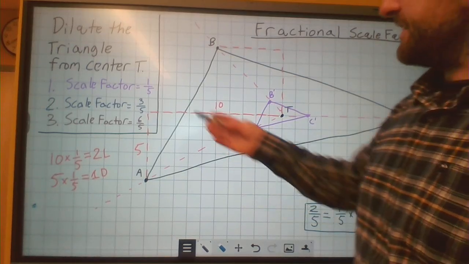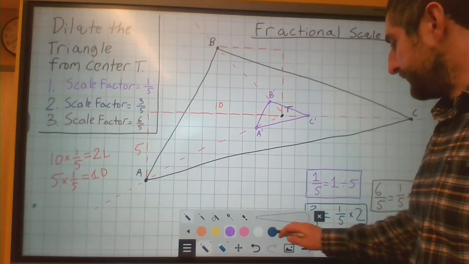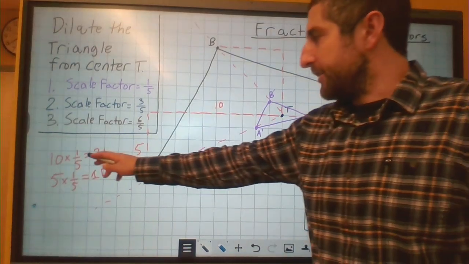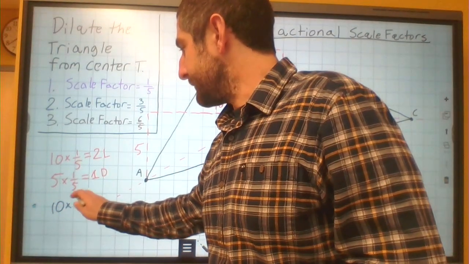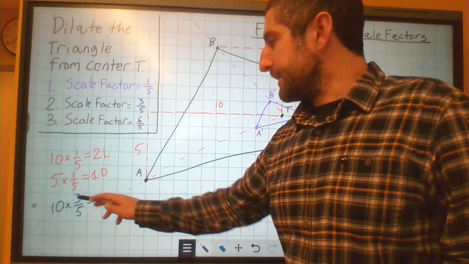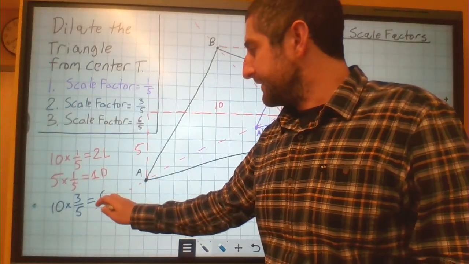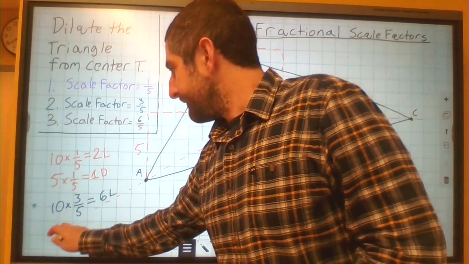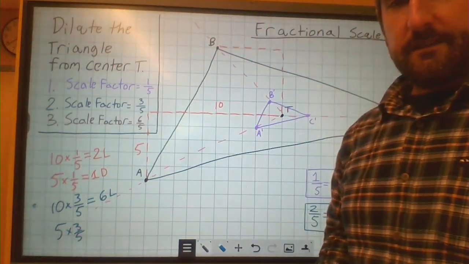Now, what if it's a fraction that doesn't have a numerator of 1? Well, as I said, it's multiply by the numerator and then divide by the denominator. So if we're starting once again with 10 and 5, 10 times 3/5, well, 10 times 3 is 30. 30 divided by 5 is 6. 6 to the left. 5 times 3 is 15.